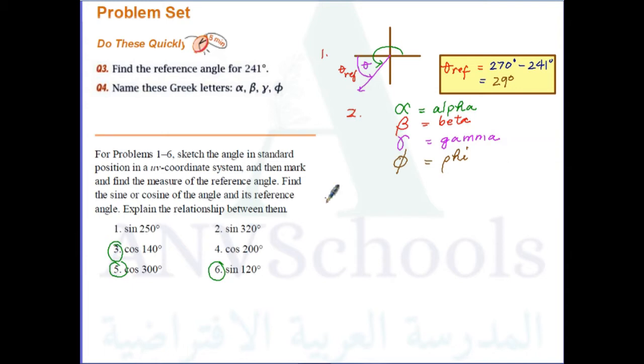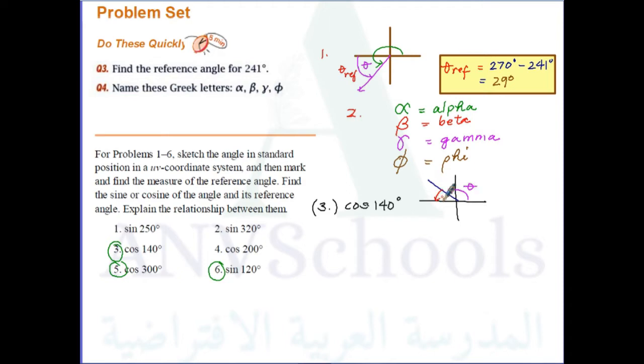So let's do number 1. Or the first question, number 3. Okay, we have cosine of 140 degrees. Cosine of 140 degrees is on the second quadrant, right? So it's here. And this will be your theta. Okay, and this will be your reference angle.